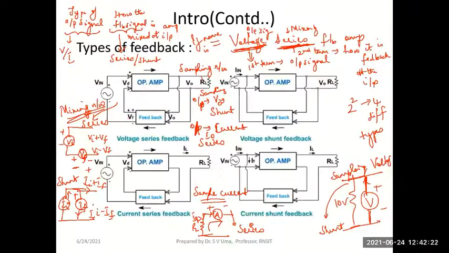So if I have the feedback signal as a voltage, then I will need a series connection on the input side so that I'll be able to add or subtract a voltage with the existing input. Series connection whenever the input and feedback signals are voltages. Shunt connection whenever the input and feedback signals are currents. You can add or subtract a current with a shunt or parallel connection.